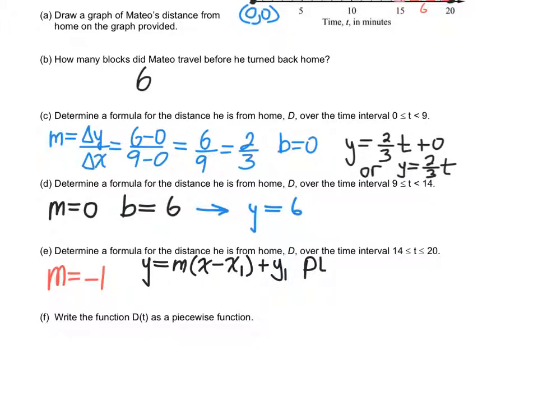This is the point slope form. All right, so all we need from this is a point that we know is on the graph and the slope.